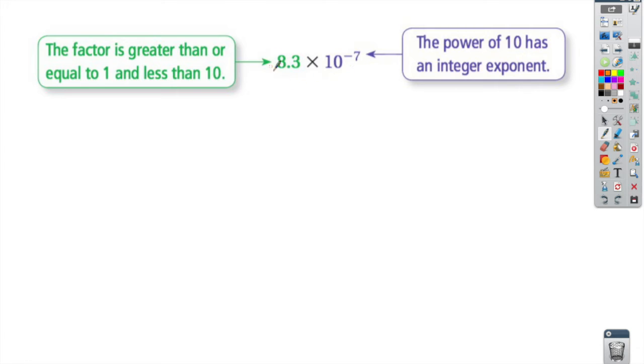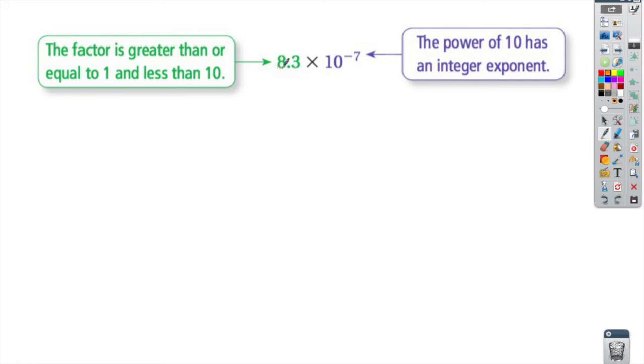Now, scientific notation looks like this: this leading number here, which they call the factor, when you're all finished, in this case 8.3, has to be greater than or equal to 1 and less than 10. Okay, so if this was a 0 here, that wouldn't work because the factor has to be at least 1.